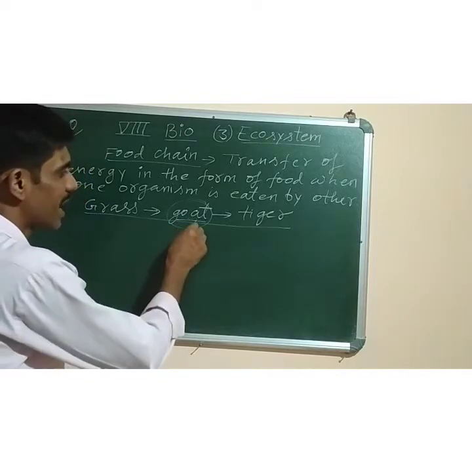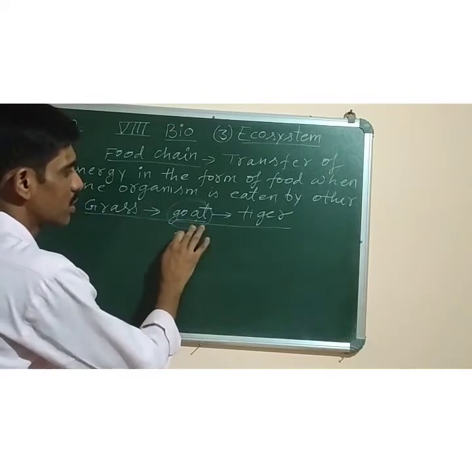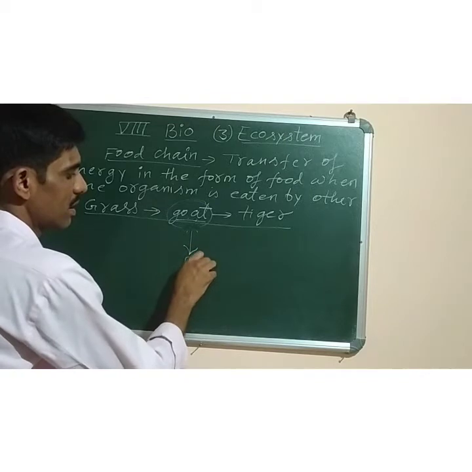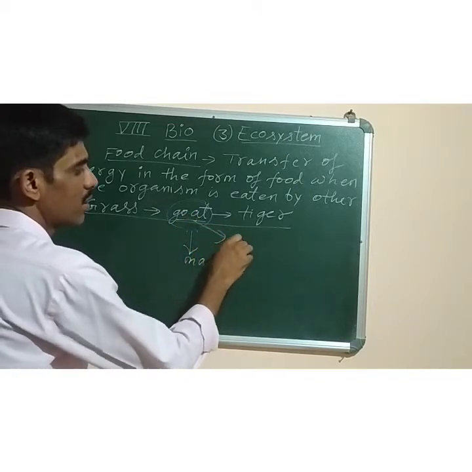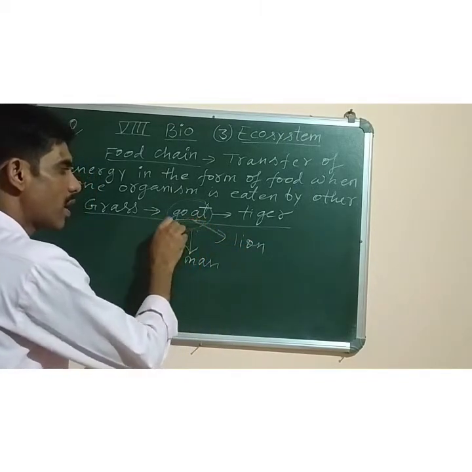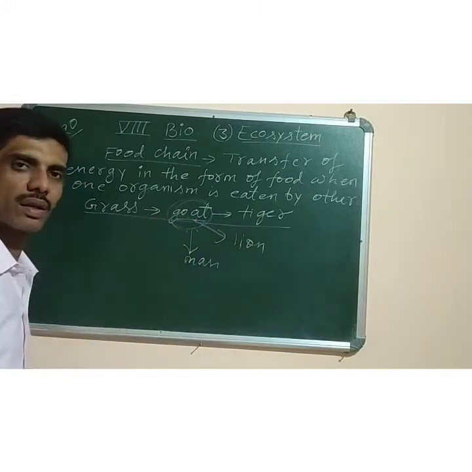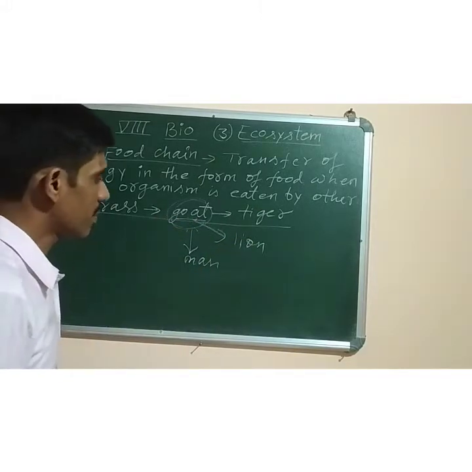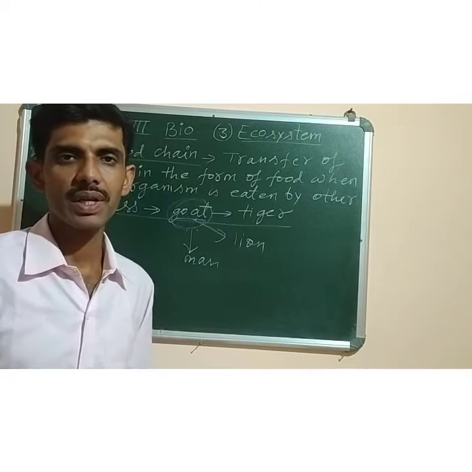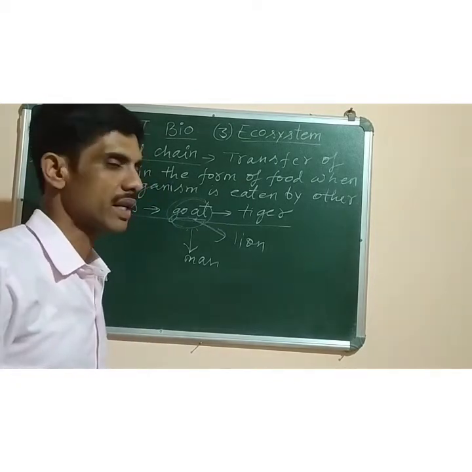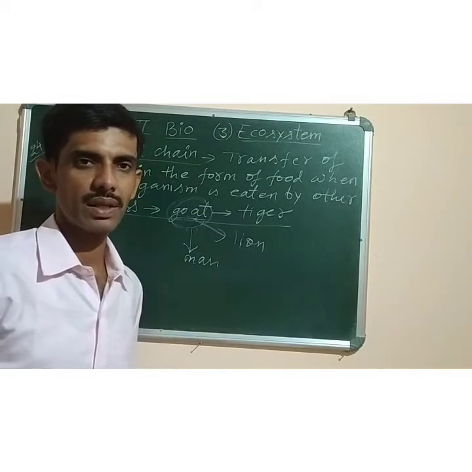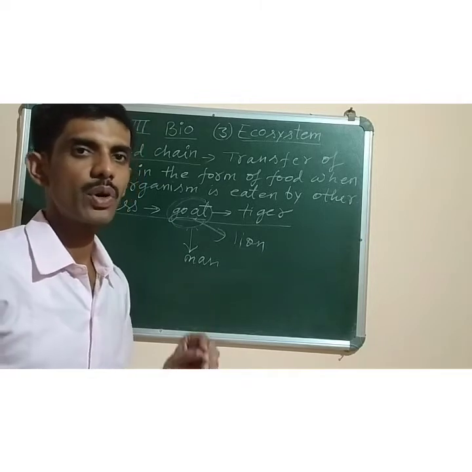Like the same goat can be eaten by man also. So we can write like this: man. The goat can be eaten by lion also. So one organism is eaten by more than one. Understood? So in this way we find that all the simple food chains are interconnected to form a web-like structure which is known as food web.